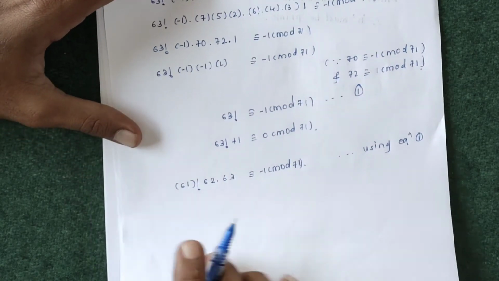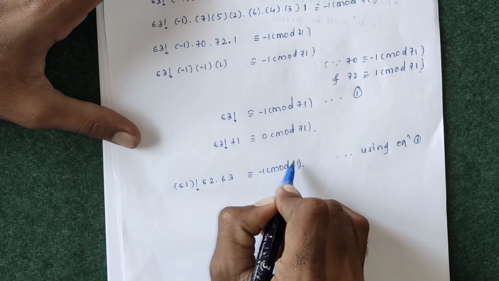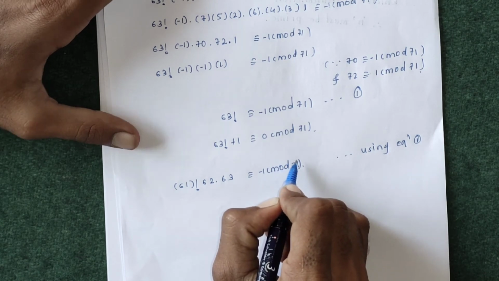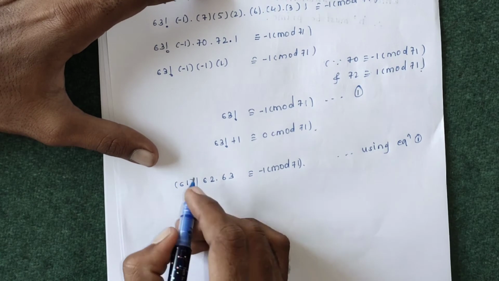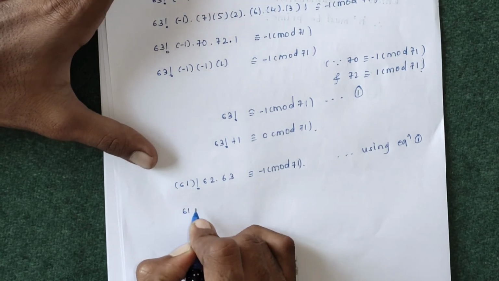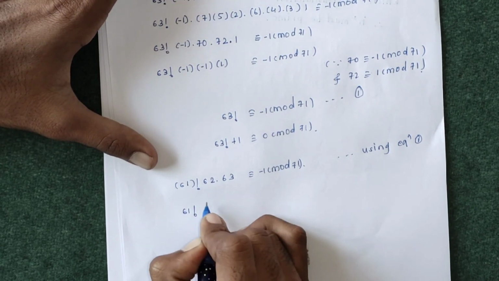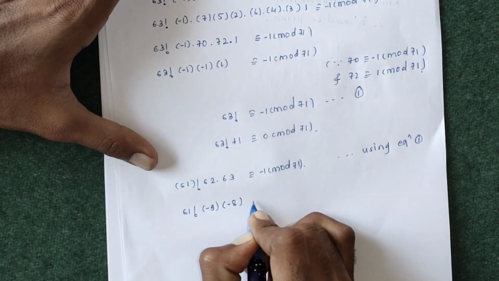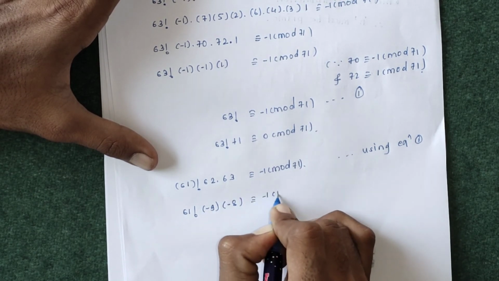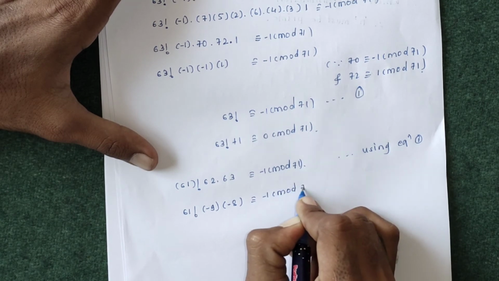Now this 62 is congruent to what under modulo 71? 62 is congruent to minus 9 under modulo 71. 61 factorial as it is, this 62 is congruent to minus 9, and 63 is congruent to minus 8 under modulo 71, this minus 1 modulo 71 as it is.